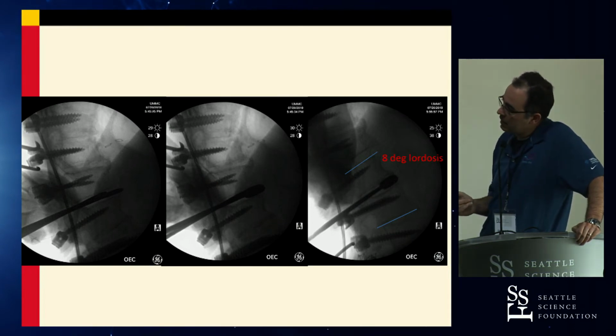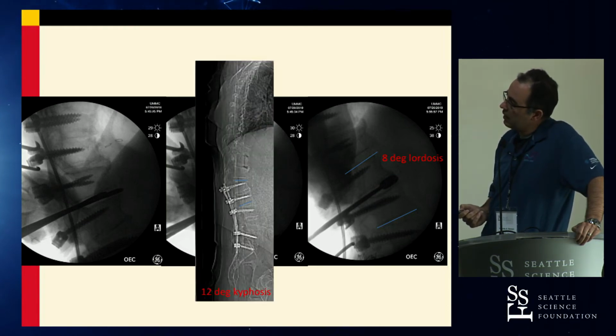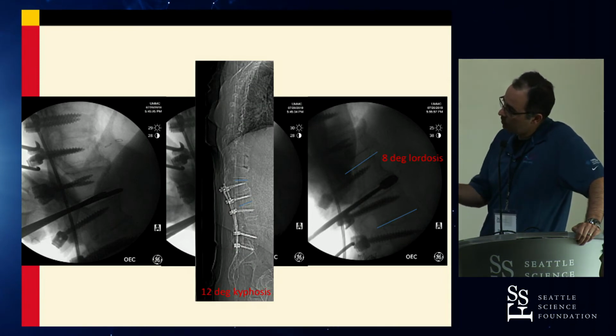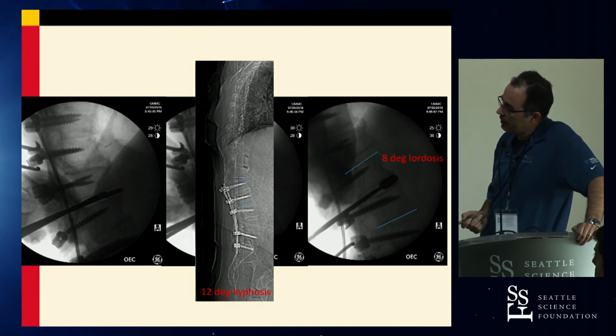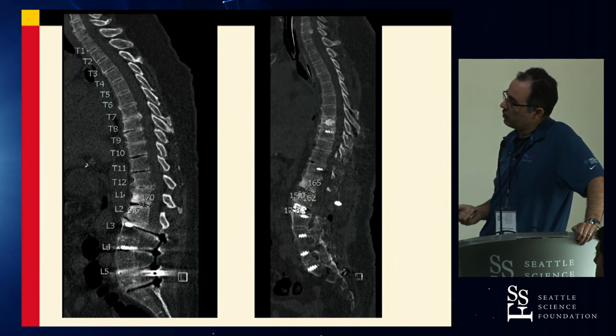And as you can see, you're able to take a kyphotic disc space and turn it into a lordotic disc space. So as shown here, there was a 12-degree kyphosis, which changed to an 8-degree lordosis, so a 20-degree correction.